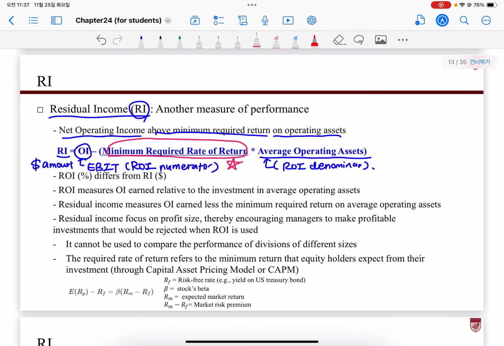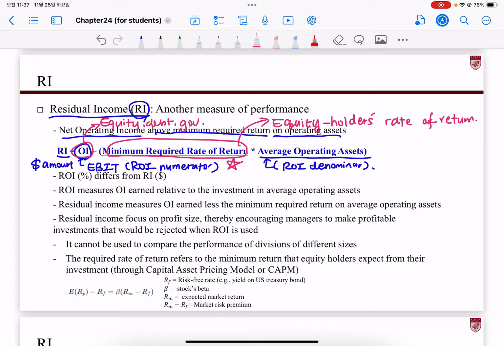The only difference is now we're going to multiply the average operating assets by the minimum required rate of return. Minimum required rate of return is actually based on an equity holder's rate of return. So there is some slight mismatch here, because I said that operating income is an income for the equity holders, debt holders, and the government, right?